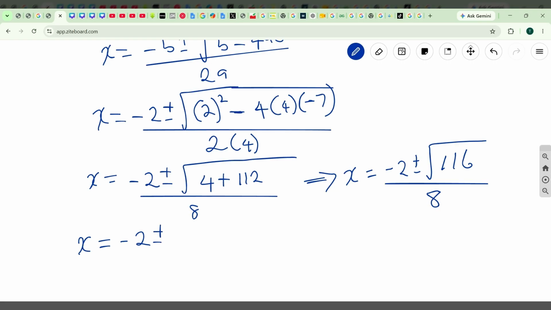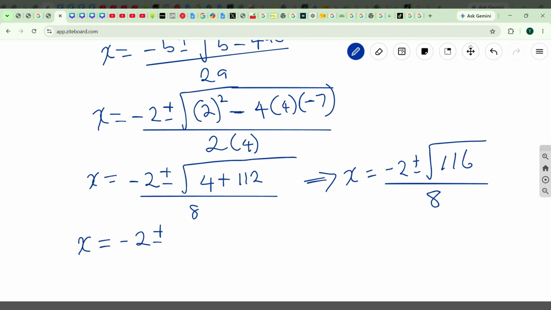We can solve this in two ways. We can decide to actually give the value of the square root of 116, though it's not going to give us an integer because it's not a perfect square. Or we can decide to express 116 in a simplified form.